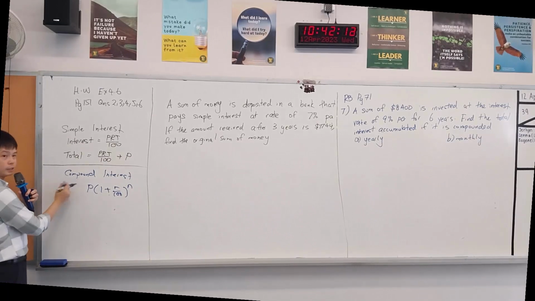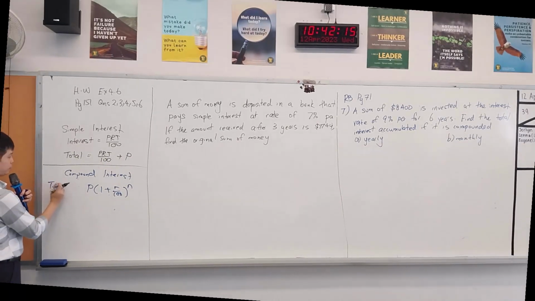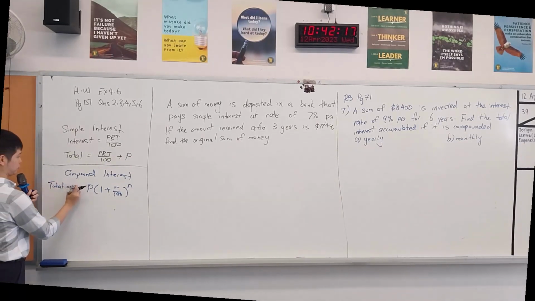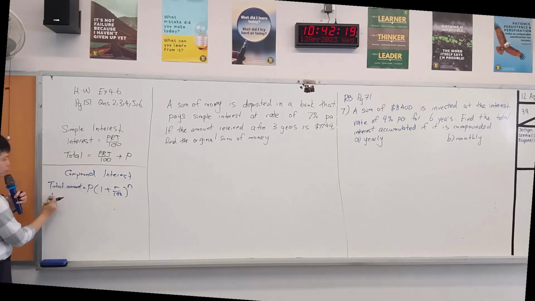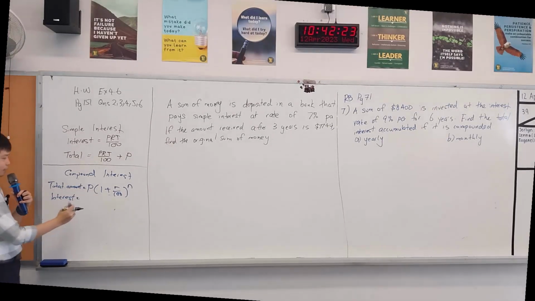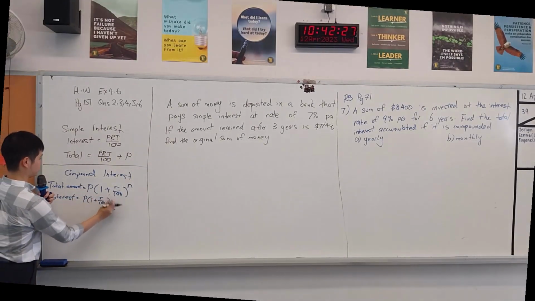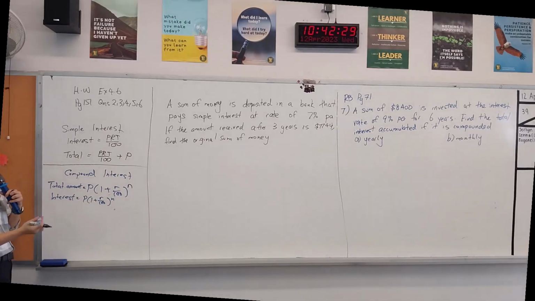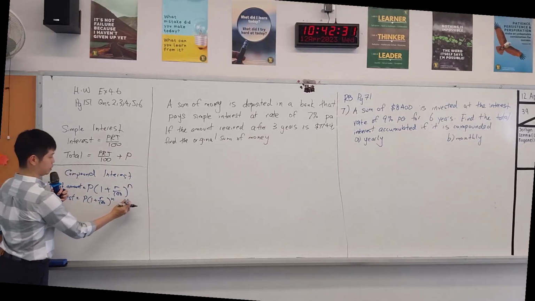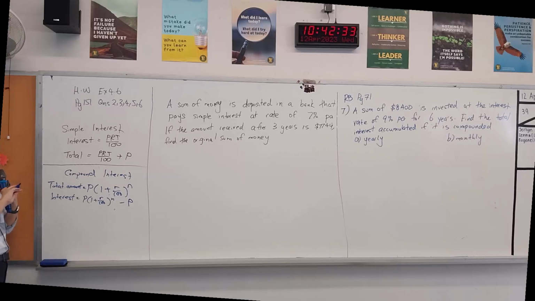This is for your total amount. So what happens if I want to find interest? Okay, what do you think? The total amount, minus the P, right? Looks a bit complex, but actually not so.